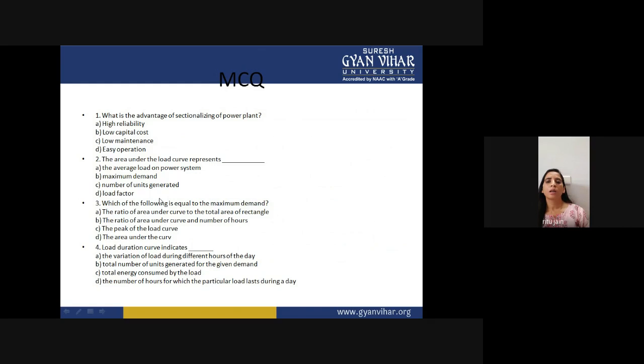The area under the load curve always represents the energy which is produced from your power plant, and in a power plant the energy which is produced is always calculated in terms of units. So this is your number of units generated. The right answer for this question is C.